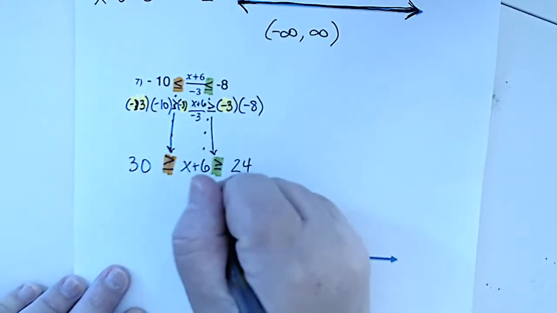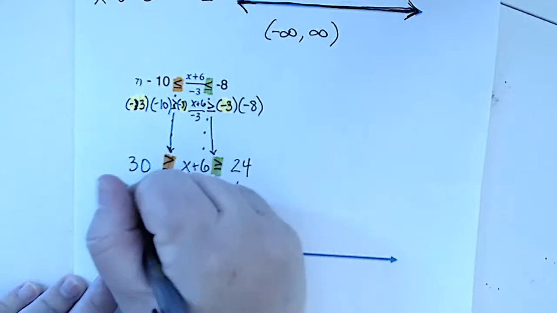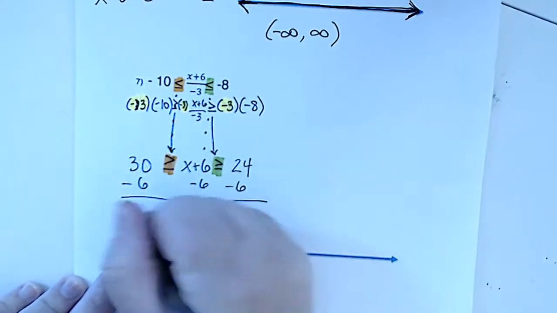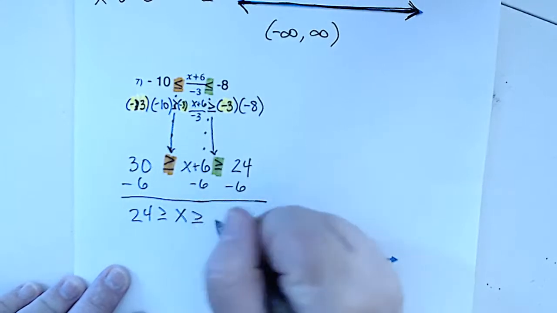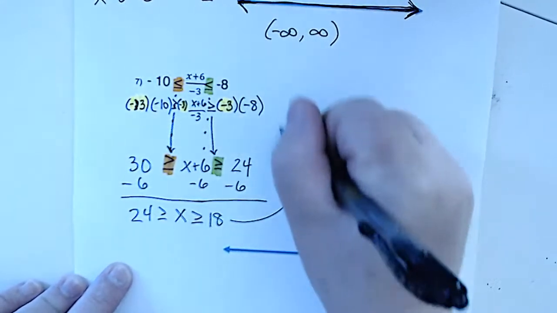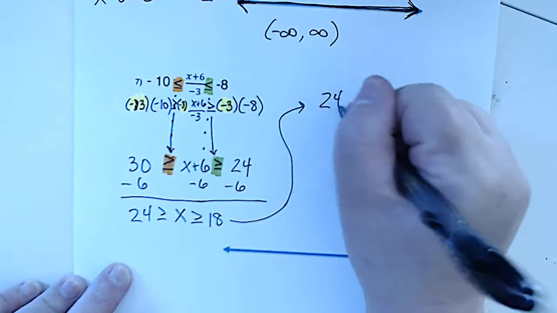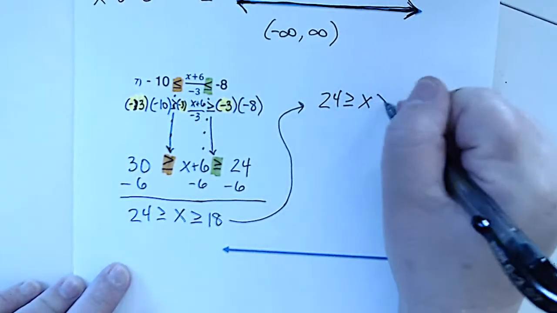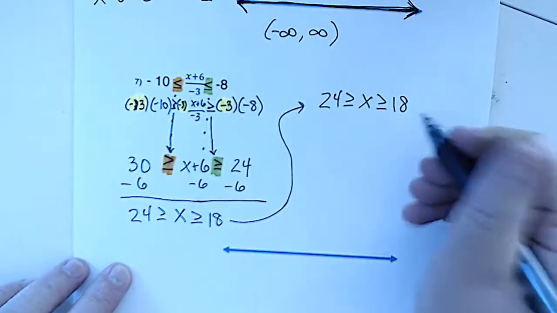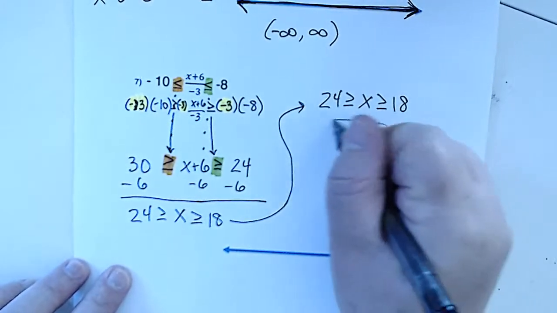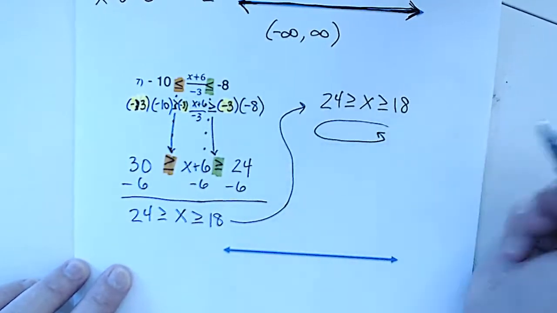I'm going to go ahead and subtract 6 from all three sides. 24 is greater than or equal to x, which is greater than or equal to 18. I'm going to rewrite this exactly as it is, and then very carefully turn the whole thing around.